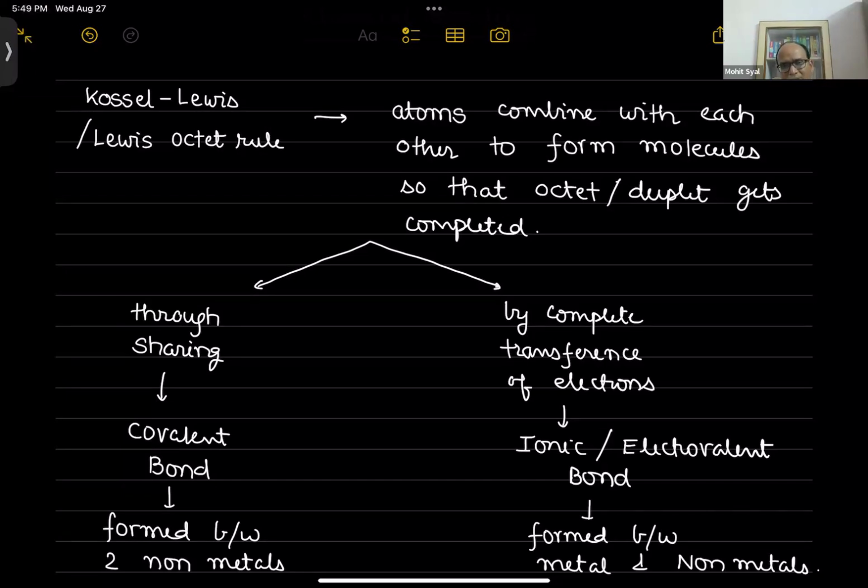Suppose I give you a reason-assertion question in which the first statement is: all atoms participate in bond formation.